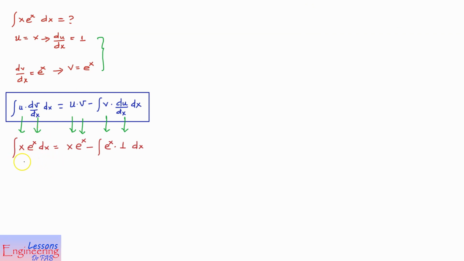So the integral of x e raised to x dx therefore equals x e raised to x minus the integral of e raised to x, which is e raised to x. Because this is an indefinite integral, we can always add a constant, because the derivative of a constant will be 0. If you wish, you can further simplify this by taking e raised to x as a common factor, so e raised to x times x minus 1, plus constant.